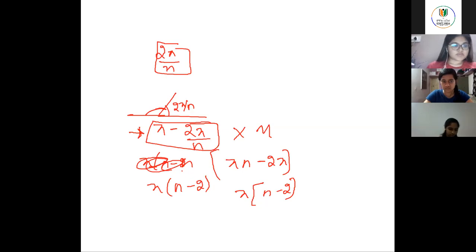Okay, so the seventh question says, if (x, 3) and (3, 5) are the extremities of a diameter of a circle with center (2, y), then the values of x and y are.